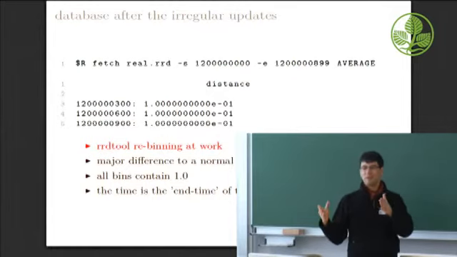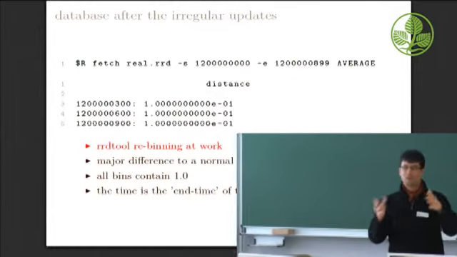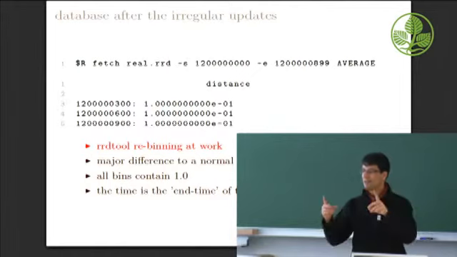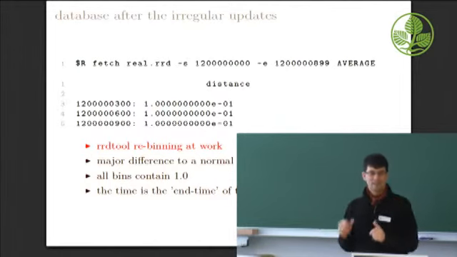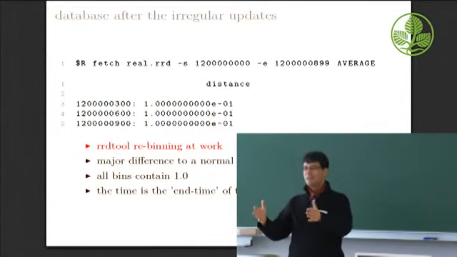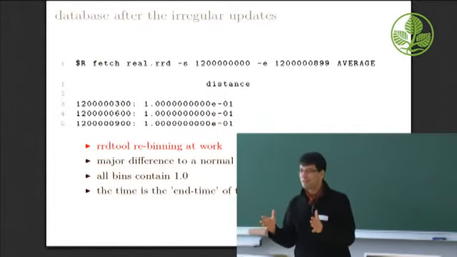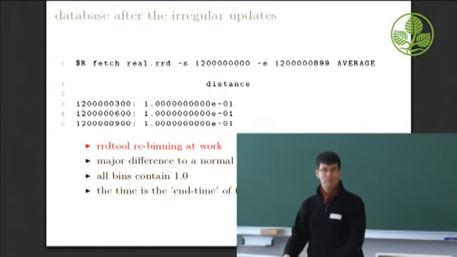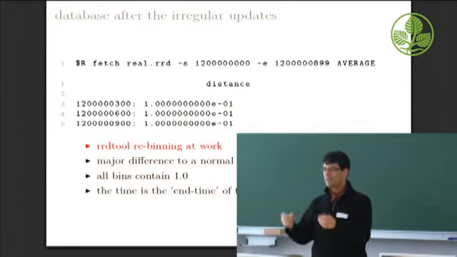If you're going for a 1-minute resolution 2 years back, but there's no round-robin archive available which actually covers that resolution, then it'll just pick a lower resolution back then. But as you go closer to the present, suddenly there is an archive with the proper resolution, and then it'll go to that higher resolution archive and give you that data.